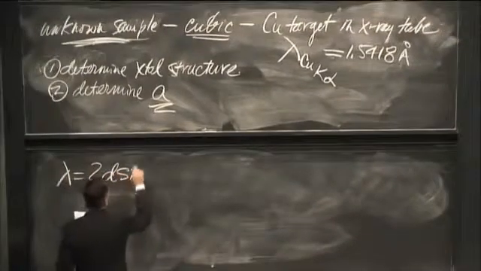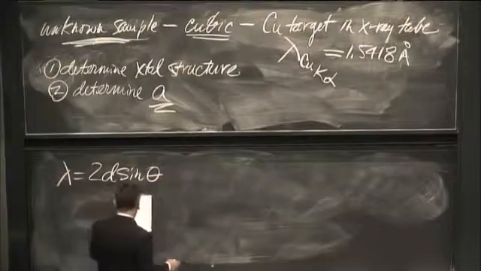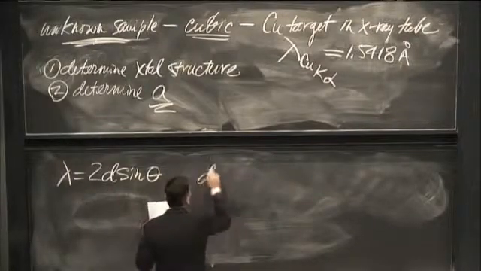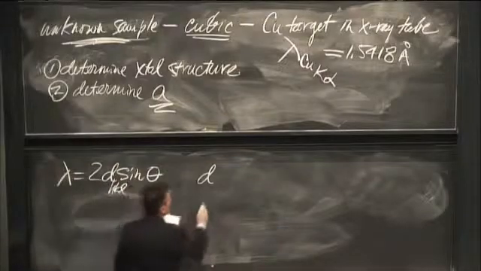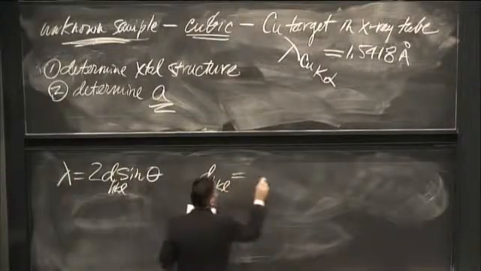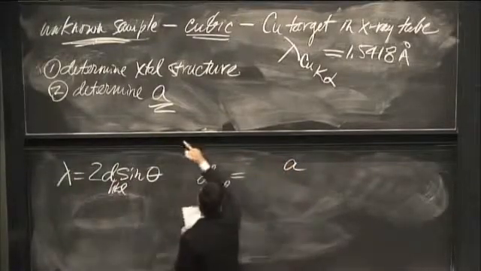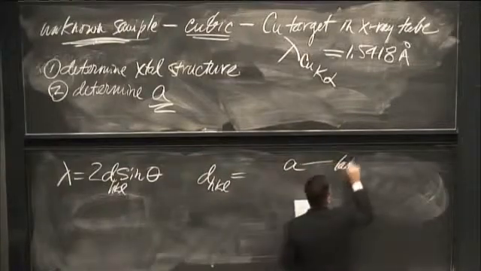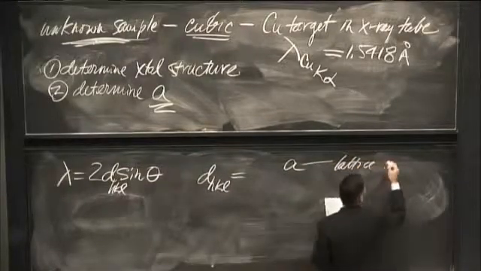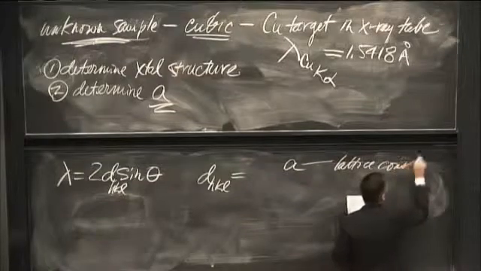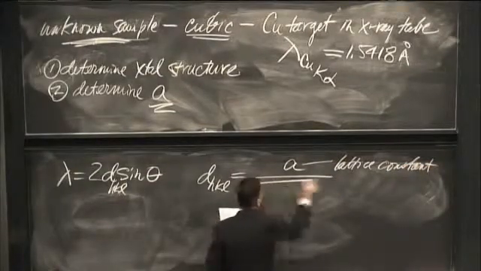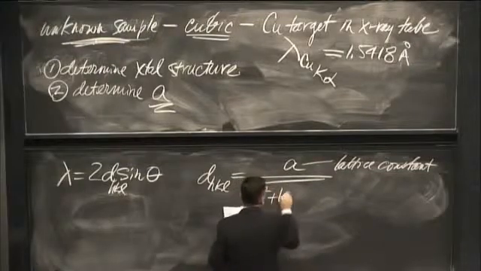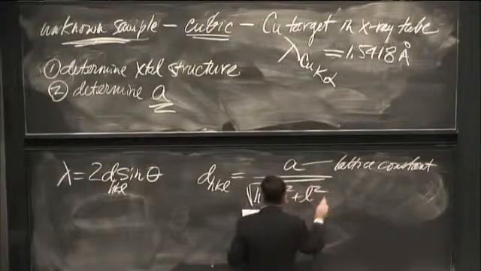You have lambda equals 2d sine theta is 1. And you also know that d, in fact, I'm going to keep writing HKL subscripts here. You know that d HKL is equal to A. That's this lattice constant. Be sure, this is lattice constant. This is the cube edge measurement, lattice constant, divided by the square root of h squared plus k squared plus L squared.